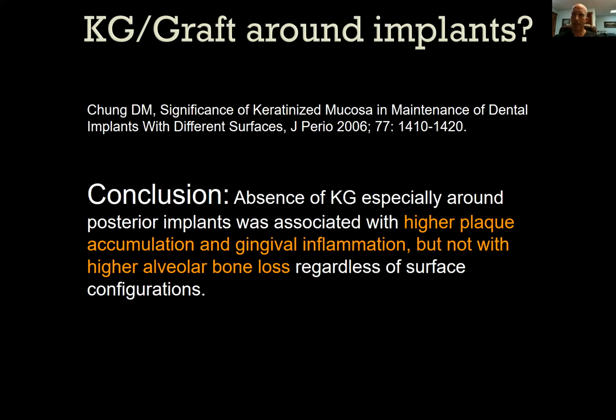I do not take chances on the absence of keratinized gingiva around dental implants. I have found as a general rule, there is always more inflammation, there is always more bleeding on probing around dental implants when there is not an adequate band, what I consider an adequate band of keratinized gingiva. And so I always recommend a good solid band of keratinized gingiva around a dental implant.